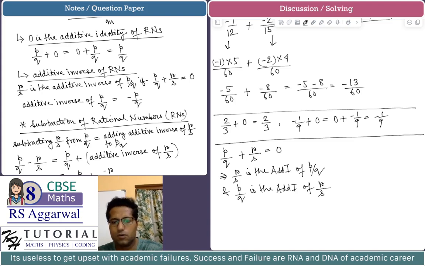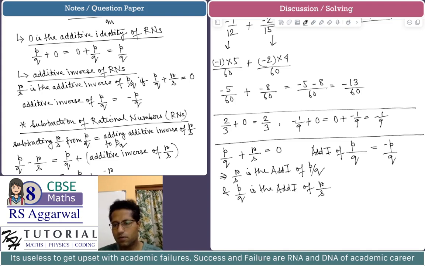Now the question is, how do we find the additive inverse of a number? So let's say P by Q is a given rational number. Its additive inverse will be, you simply negate, that is, take the negative of the numerator.